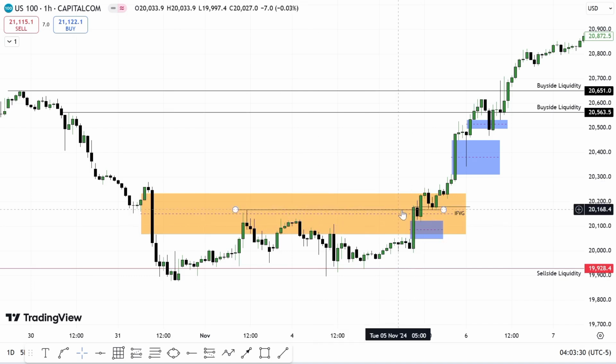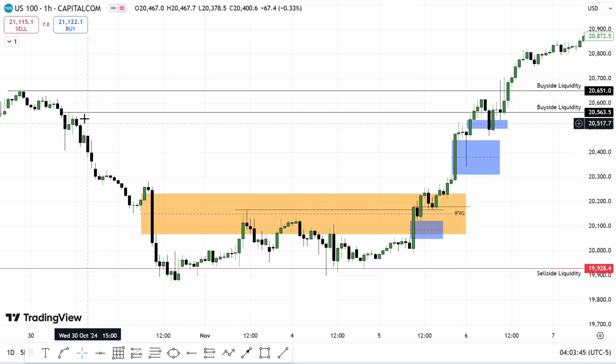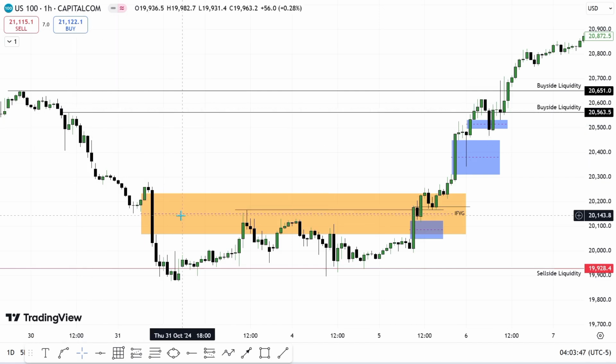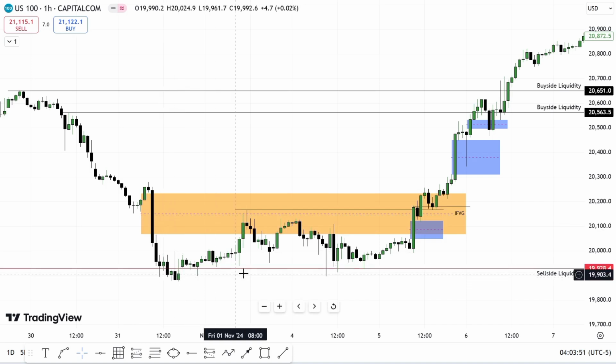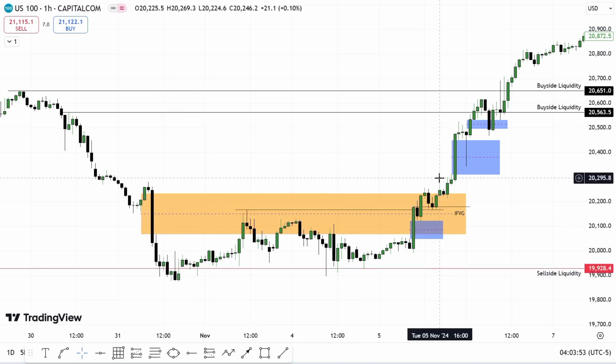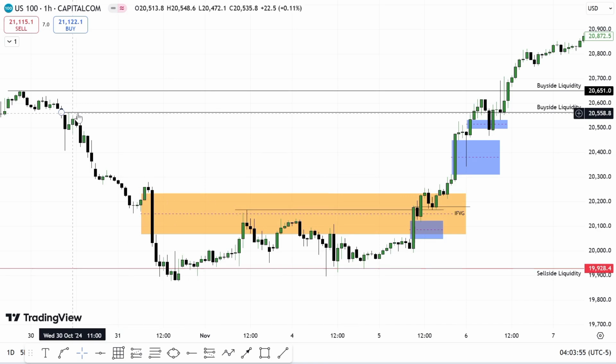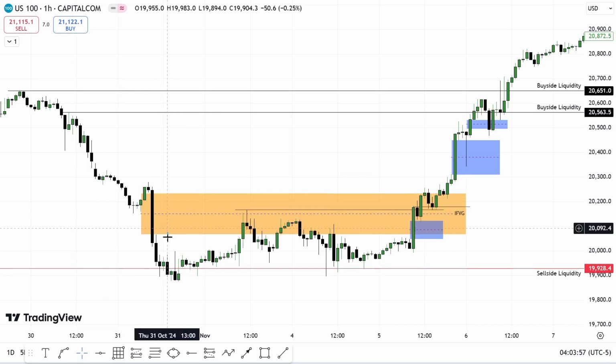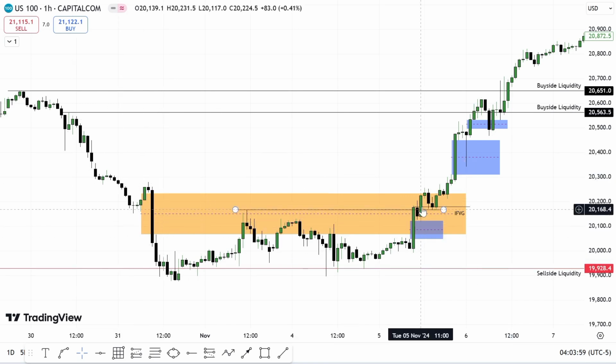So you can take this as a shift in market structure, which is also a change in state of delivery, showing that price has now changed from a sell side delivery, because it has taken a sell side liquidity here, to a buy side delivery. And you see how in this sell side delivery curve we have a lot of black candles, and now in this buy side curve here we have a lot of green candles. So you should have every reason to start thinking of possibilities of buying.